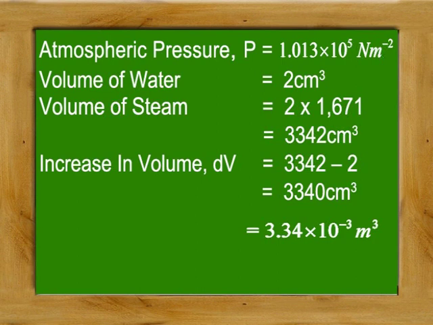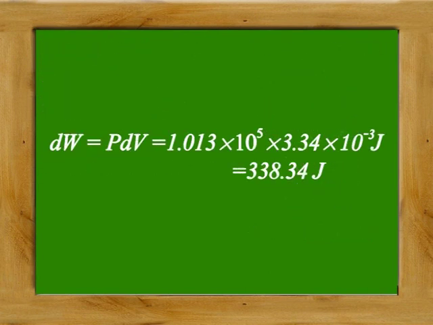If we assume that the expansion occurs at the constant atmospheric pressure, then the external work done dW is equal to P dV equal to 1.013 into 10 raised to the power 5 into 3.34 into 10 raised to the power minus 3 joule, which is equal to 338.34 joule.